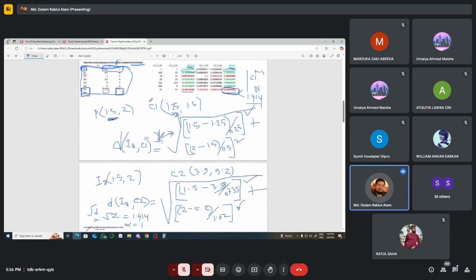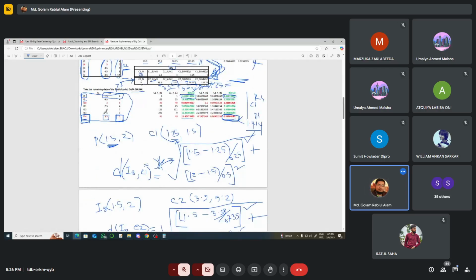Okay, similarly what we have to do, we have to check again. Then we can see that for I13, none of the distances is less than 1.414. For I12, none of these two distances is less than 1.414.